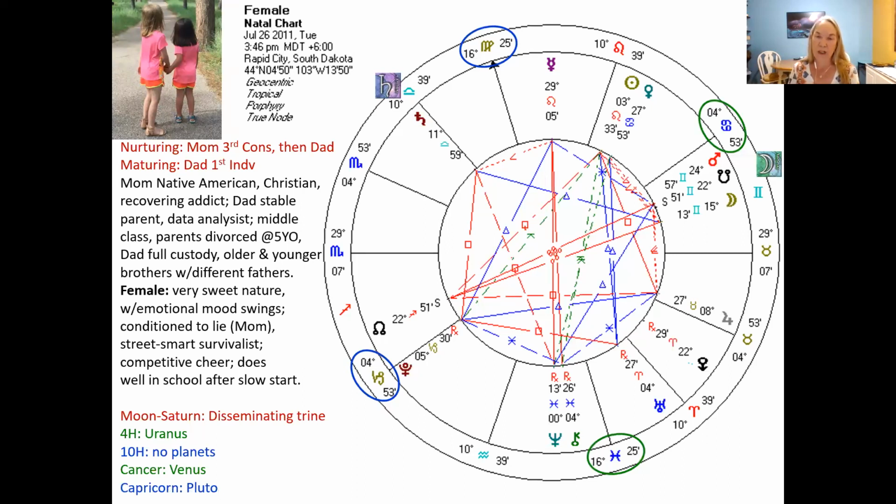And also the fact, and I'm not neglecting the Gemini here, all right, but also the fact that mom, throughout this young soul's childhood, would either lie or just tell stories. And so this was something that was observed and then conditioned for this little young child.